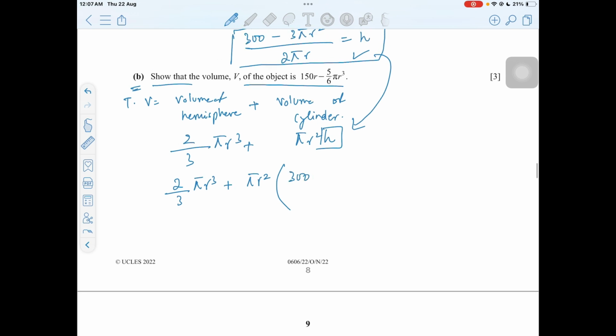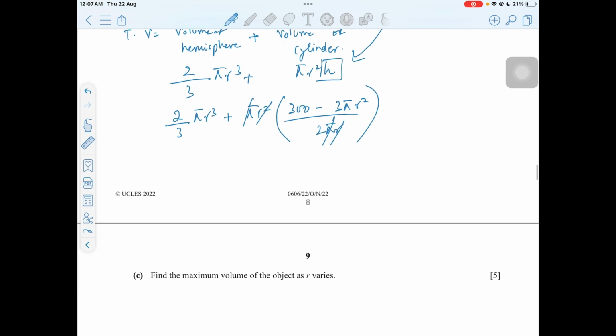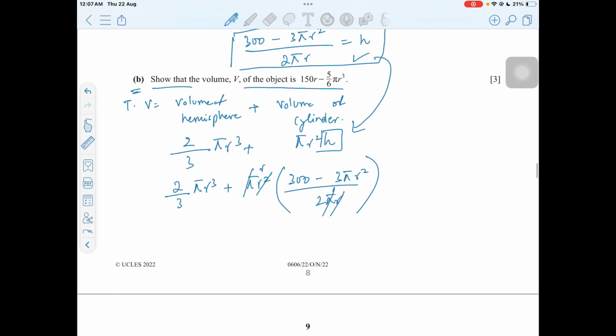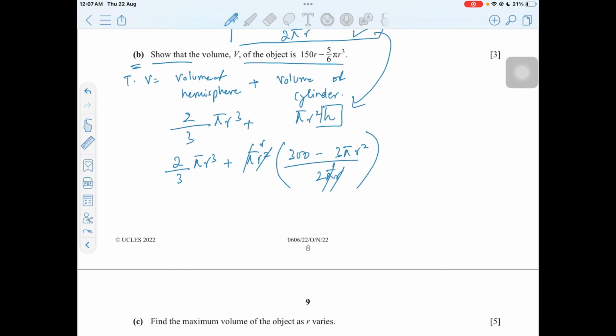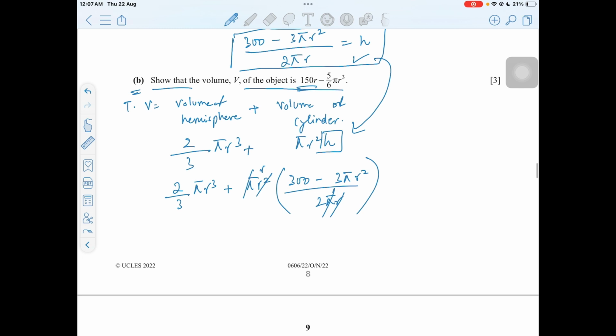This would be 300 minus 3 pi r square over 2 pi r. This pi and pi are cancelled. R would be 1. So we have our r here. So this would be 300 r left, 300 r divided by 2, so that would be 150 r.